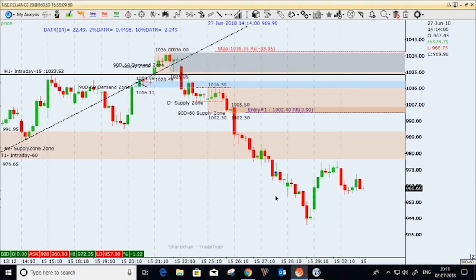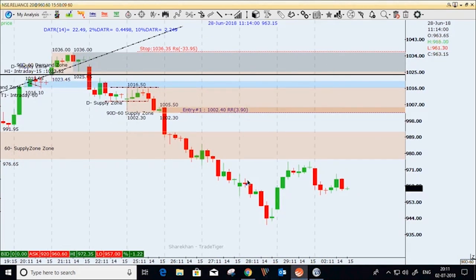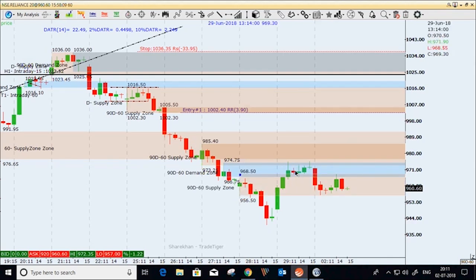Okay. So as per you, authentic supply got engulfed. Okay. So this is a supply, right, which is not engulfed. Then this is another supply which is faked out. Then we have another supply which is engulfed, but is it authentic supply?